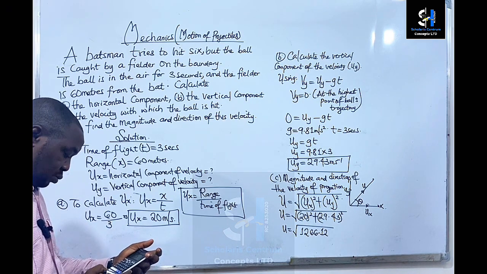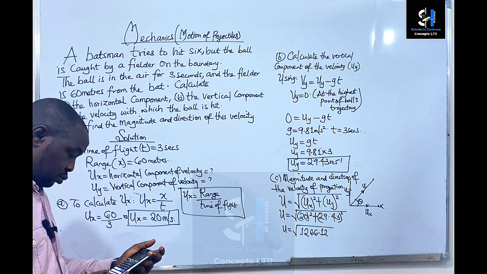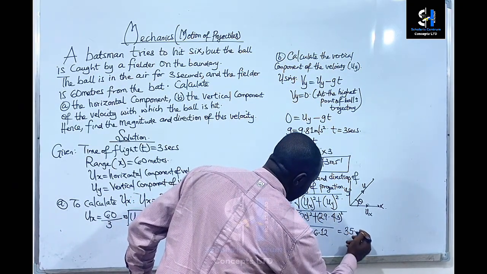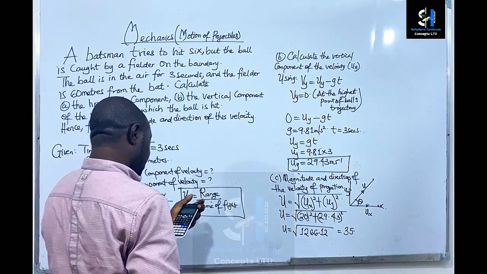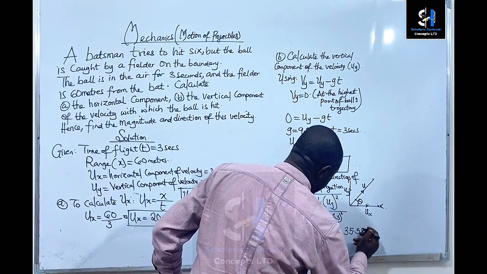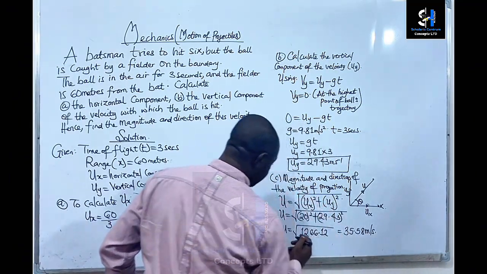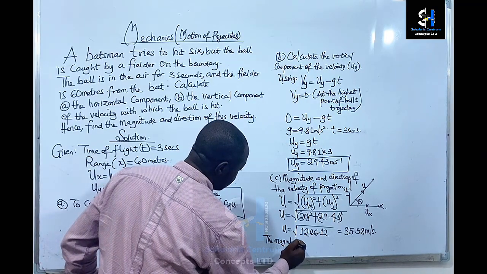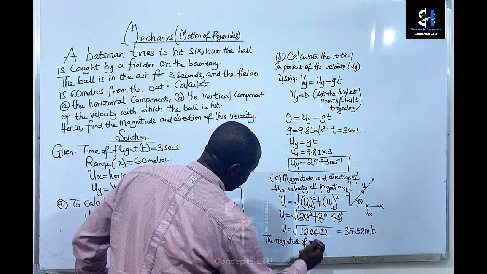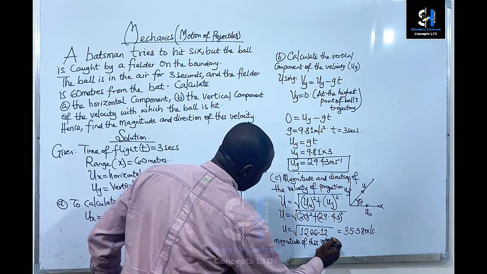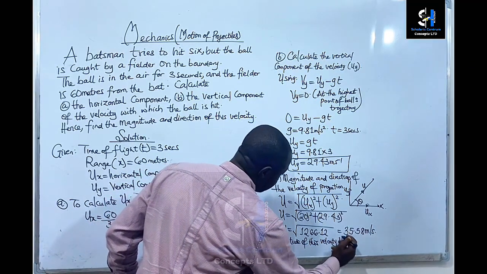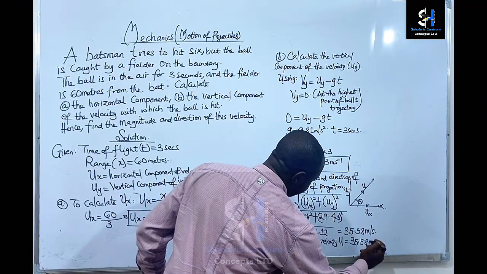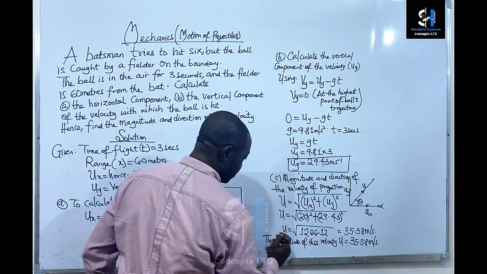The velocity of projection is 35.58 meters per second. So the magnitude of this velocity equals 35.58 meters per second.